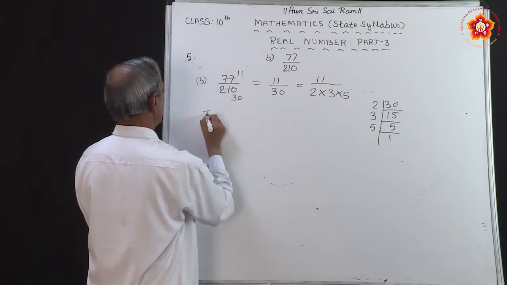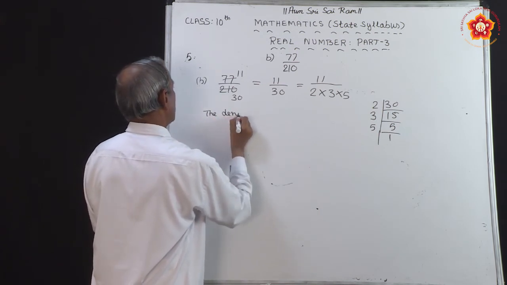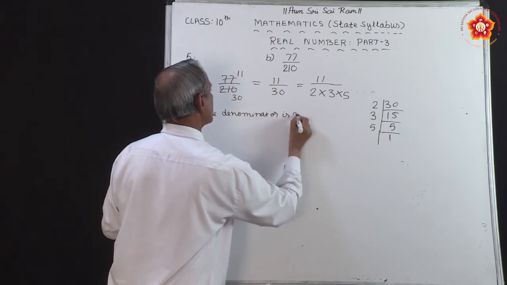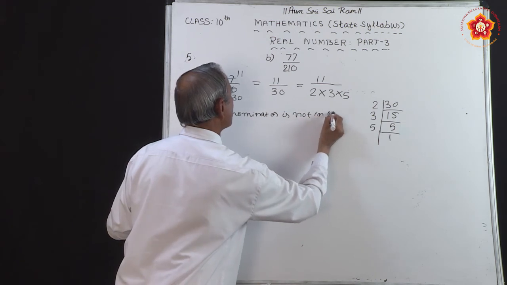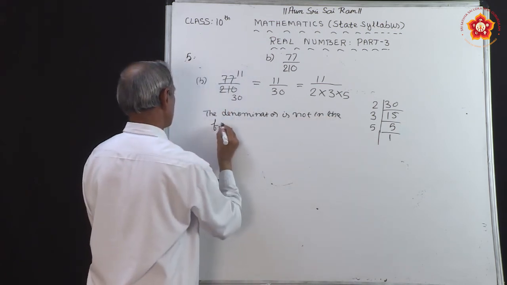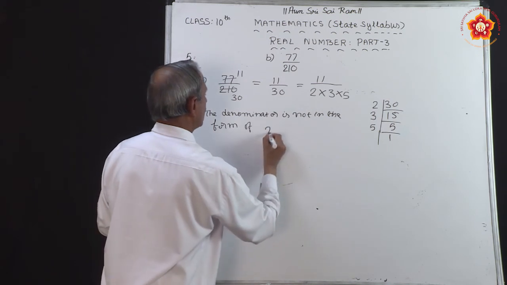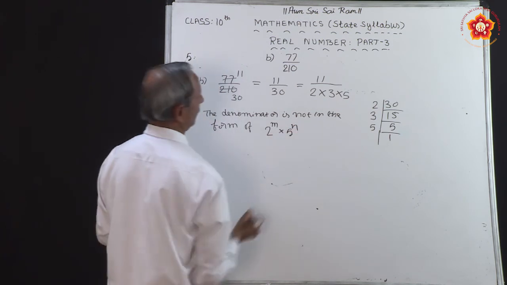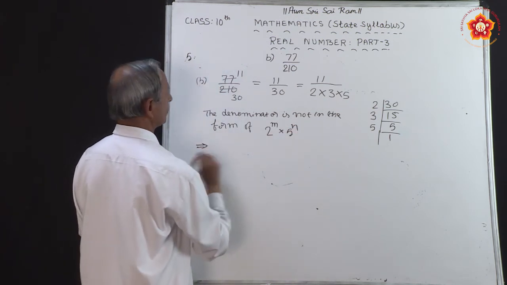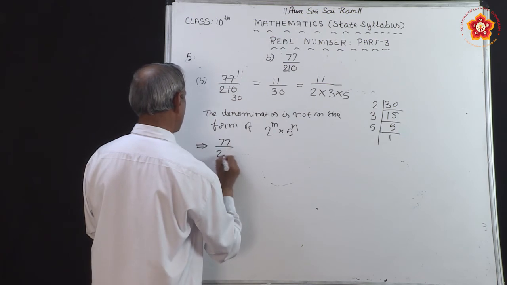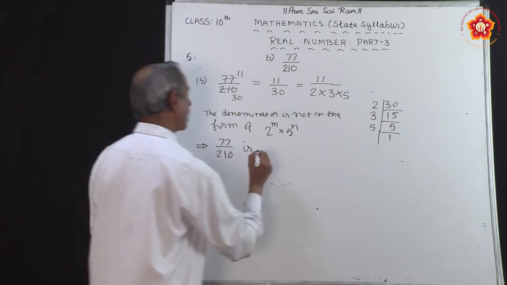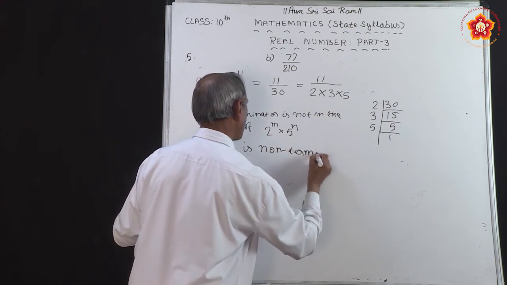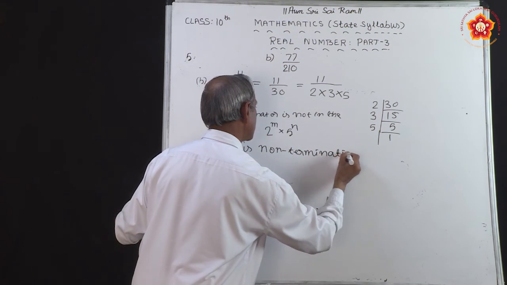So you have to write that the denominator is not in the form of 2 to the power of m into 5 to the power of n. That implies 77 upon 210 is a non-terminating decimal.